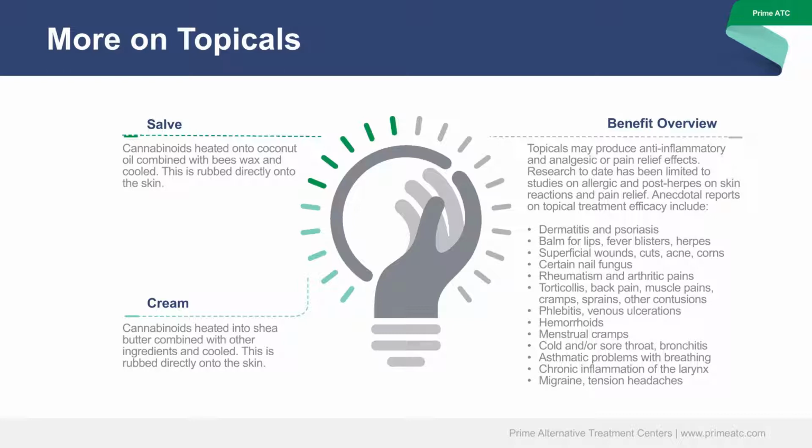Topicals can produce multiple anti-inflammatory and analgesic effects. Research has been limited to studies on allergic and post-herpetic neuralgia, but there are many reports on topical treatments of efficacy, including certain types of dermatitis, arthritis, and chronic inflammation.